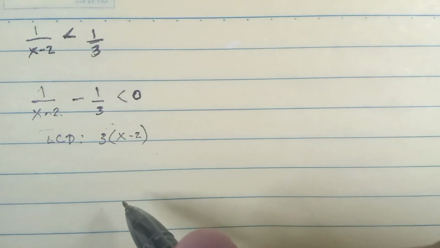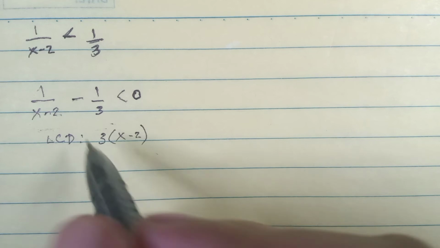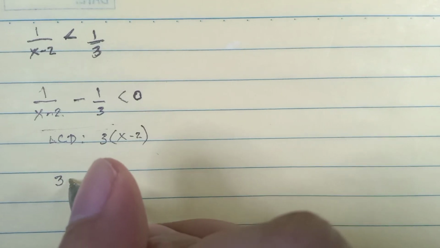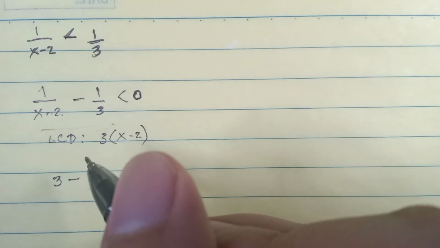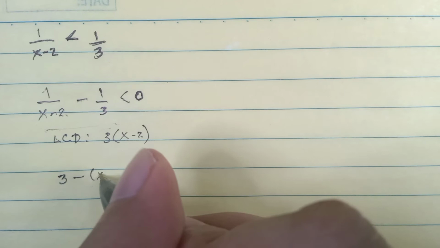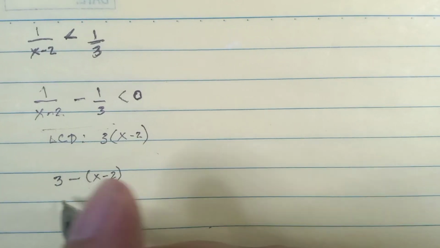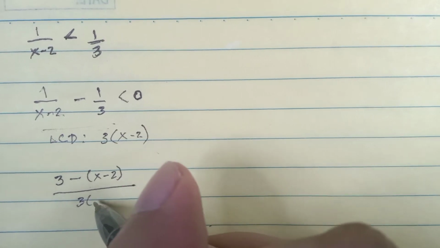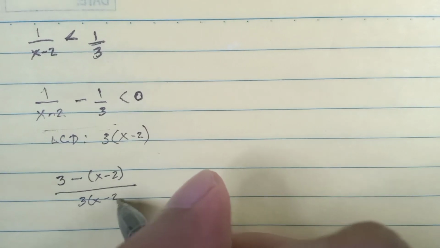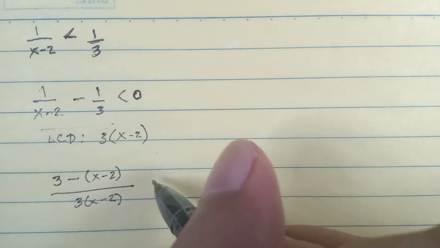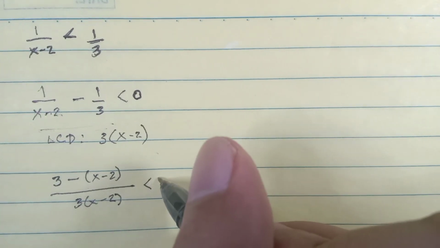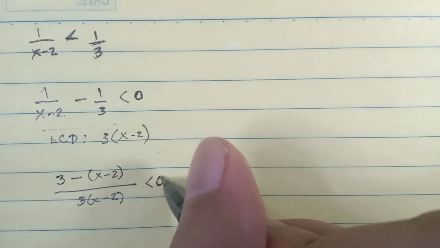So thus we can transform this inequality into 3 minus x minus 2 over 3 times x minus 2 lesser than 0.